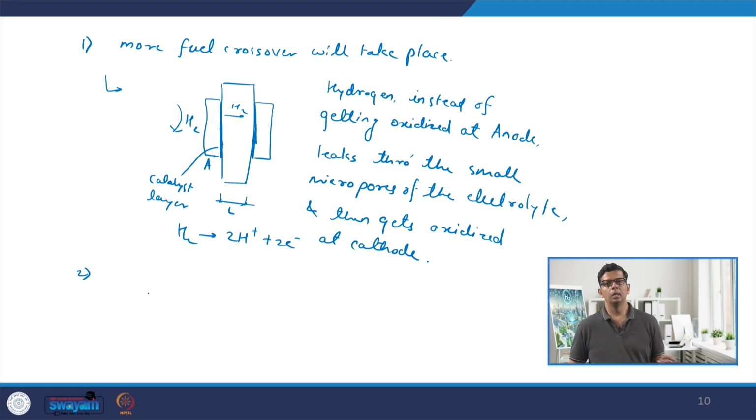What is the other consequence if we have thinner electrolyte?